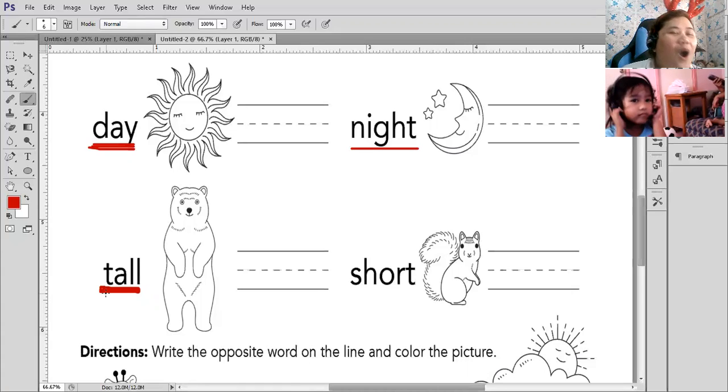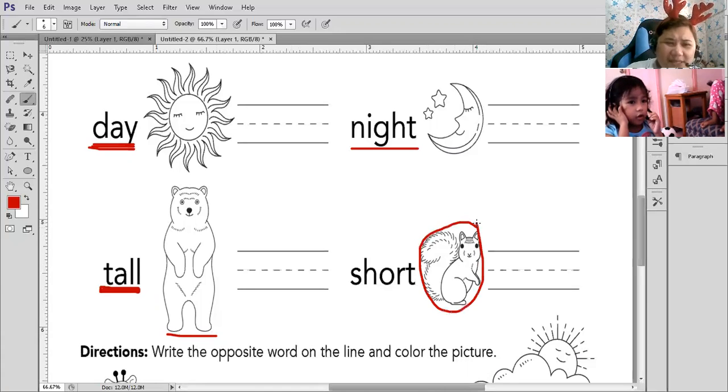It's ah. Ta. Louder. Tall. Okay, very good. Say it again. Tall bear. Very good.